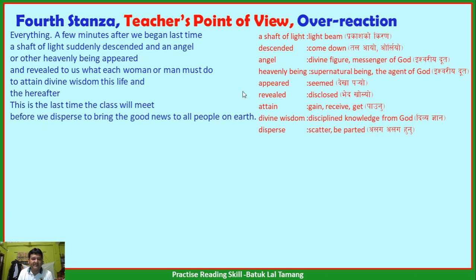Appeared means seems, dekha paryo. Revealed means disclosed, bhed kholyo, gopya gura kholyo. Attain divine wisdom: attain means get, receive, paunu. And divine wisdom means dibbegan, disciplined knowledge from God that we get. It is said that we get knowledge in two ways.